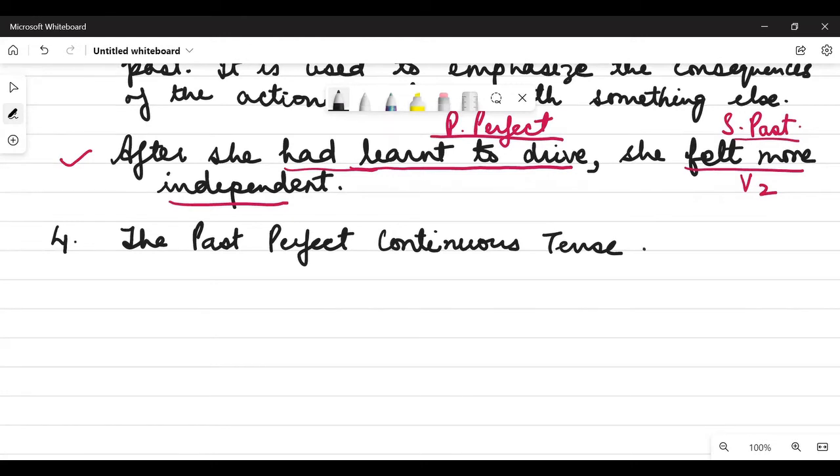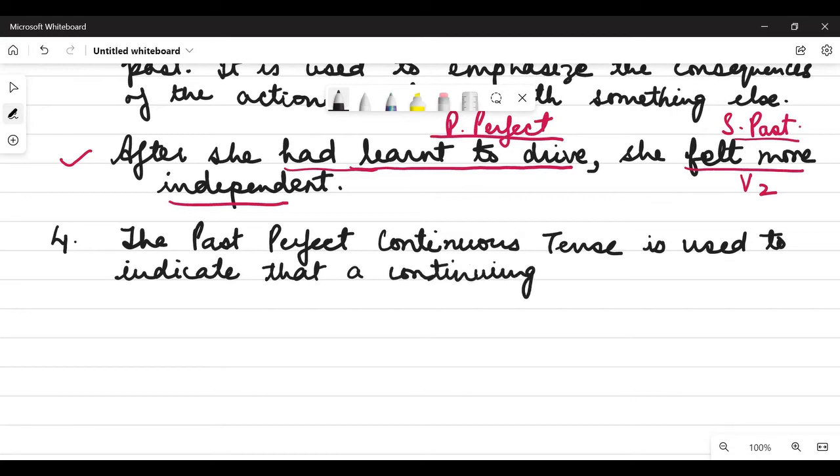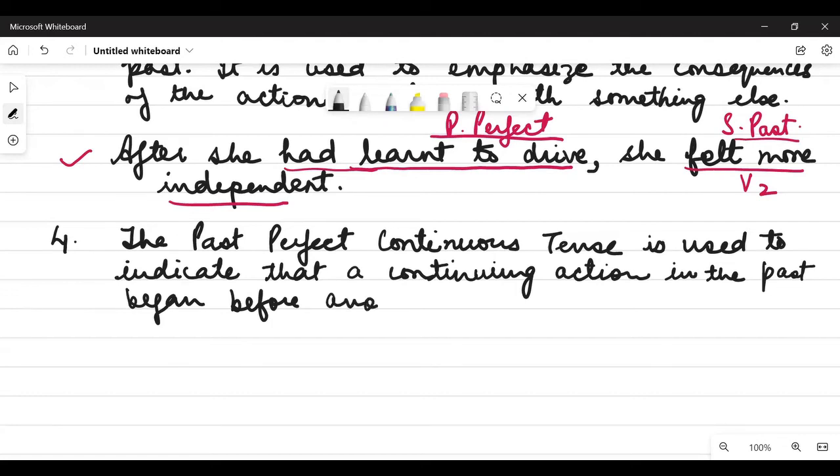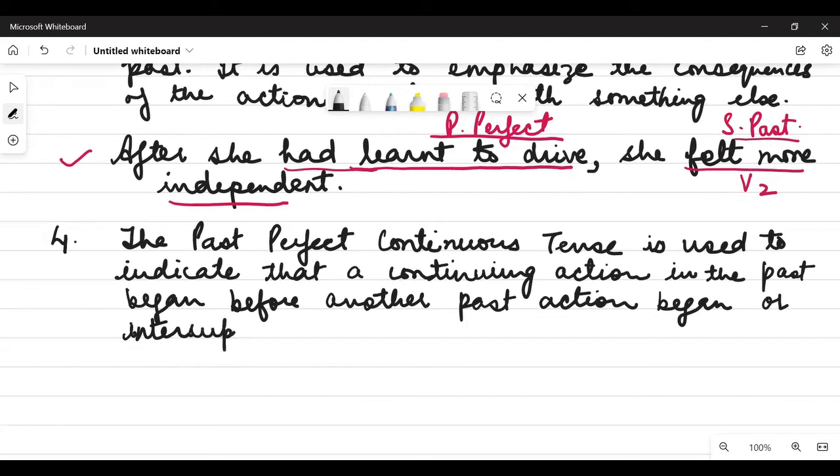The past perfect continuous tense is used to indicate that a continuing action in the past began before another past action began, or also you can say, or interrupted the first action, right?